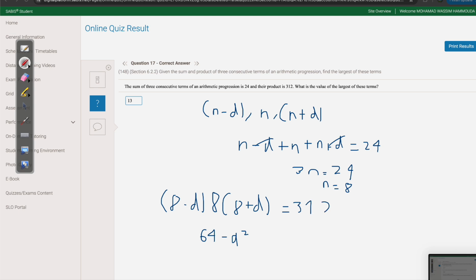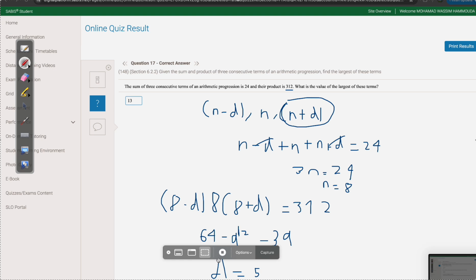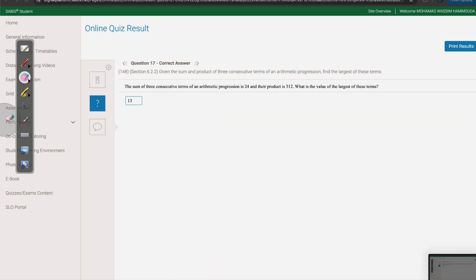So let's say we divide by 8 on both sides, right? We're going to get 64 minus d squared is equal to 39. We're going to get d is equal to 5. And then they want the largest term, so we substitute d here. We're going to get 13. Move on to question number 18.